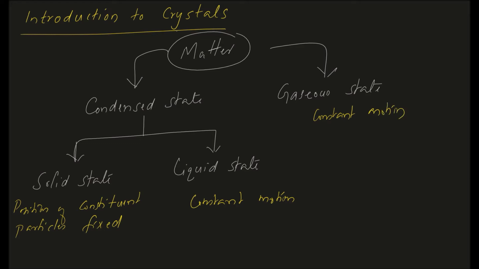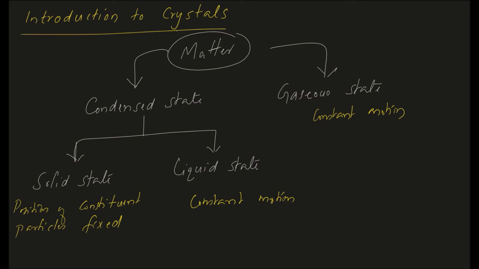So what we have seen is that matter has generally two classifications, the condensed state and the gaseous state. And the condensed state is again classified into the solid state and the liquid state. The difference is that in the solid state, the positions of the constituent particles are fixed, whereas in the liquid state, the positions are not fixed, they are in constant translational motion.